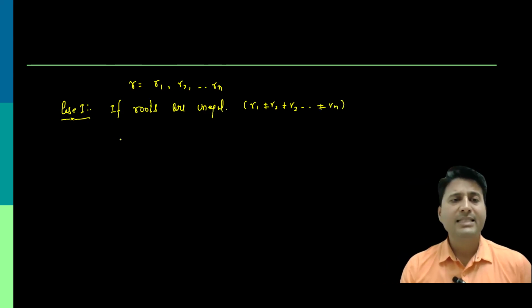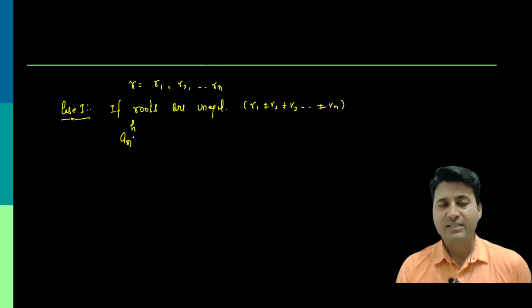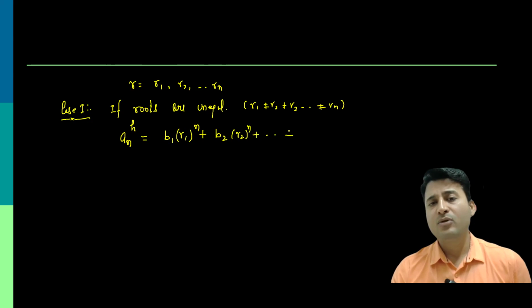So in this case, the homogeneous solution for the recurrence relation, which is denoted as a_n^(h), equals the constant b1 into the first root to the power n plus constant b2 into the second root to the power n, and so on, bn into rn to the power n.